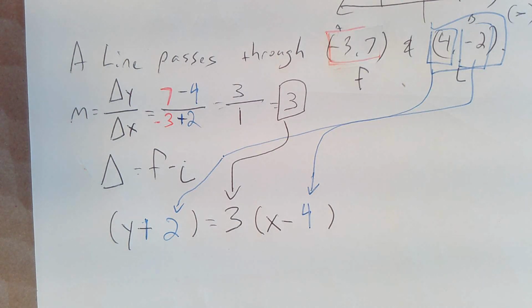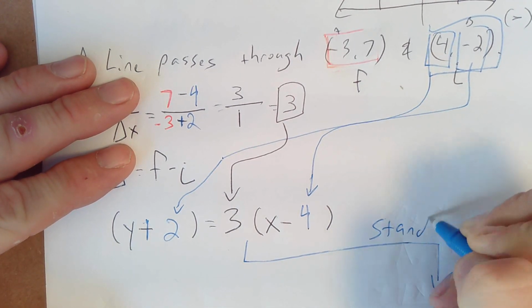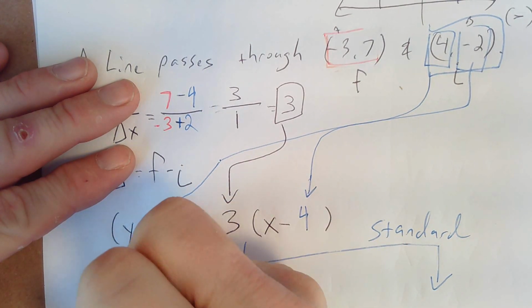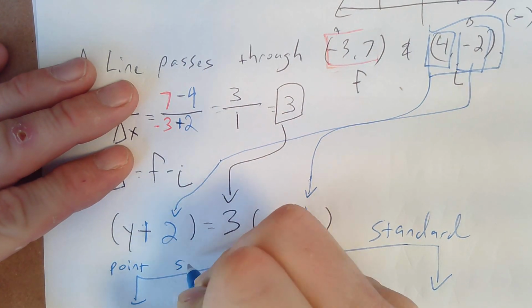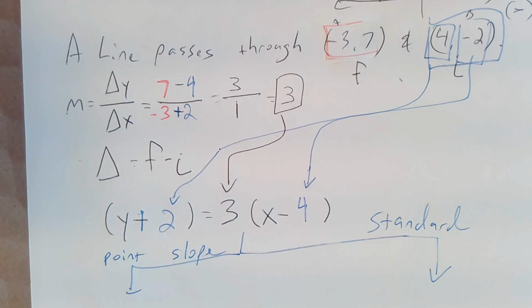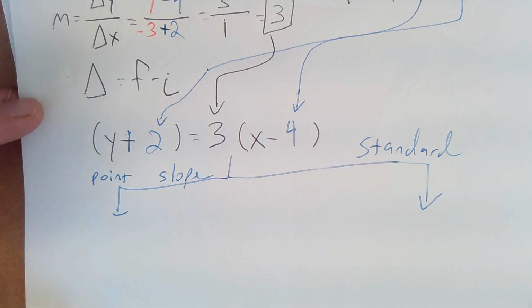Now I'm going to rewrite this, take this into standard form, and then I'll take it into slope intercept form. The first step in both is going to be distribute that 3. Just distribute, you got to clear the parentheses, right?